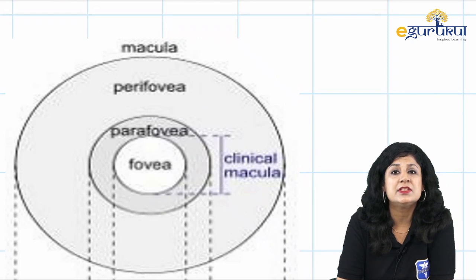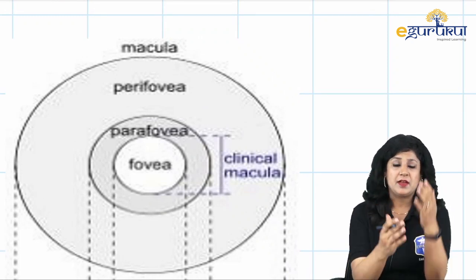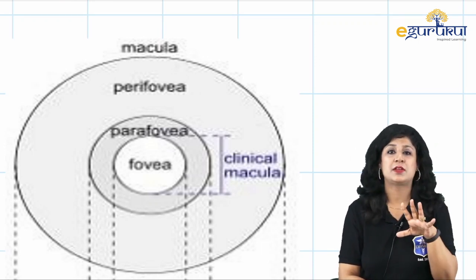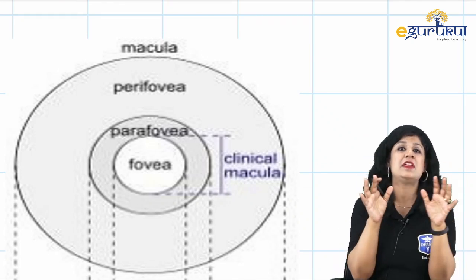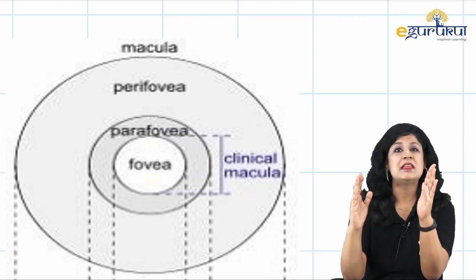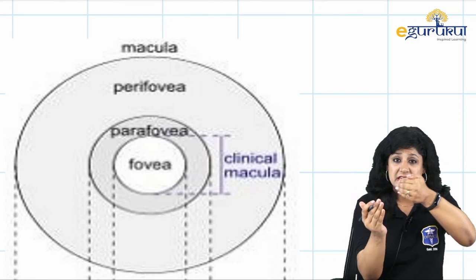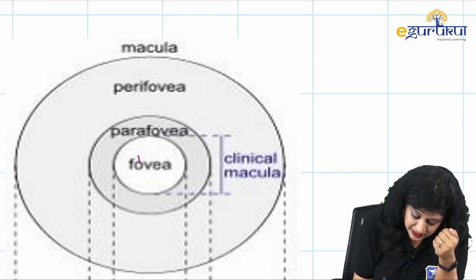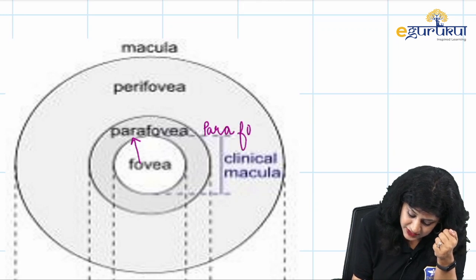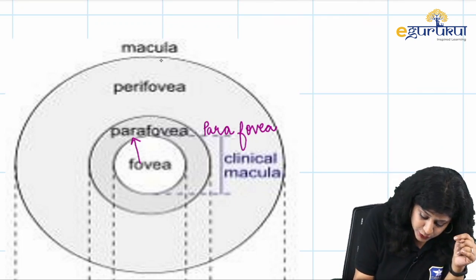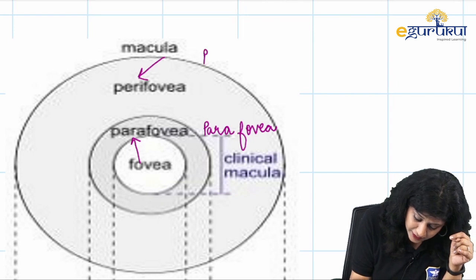Clinical macula means that when you see clinically, you do not have exact anatomical demarcation around the macula or around the fovea, but clinically we can actually differentiate the area which is between the fovea centralis and the macula into the areas which is nearer to the fovea and one area which is nearer to the macula. So one area which is nearer to the fovea is actually your parafoveal. This is nearer to the fovea centralis, and the area which is nearer to the macula is actually your perifoveal.